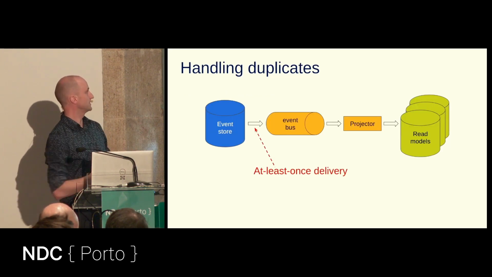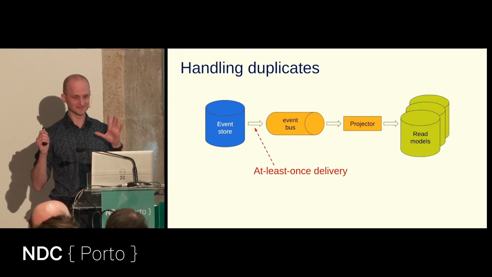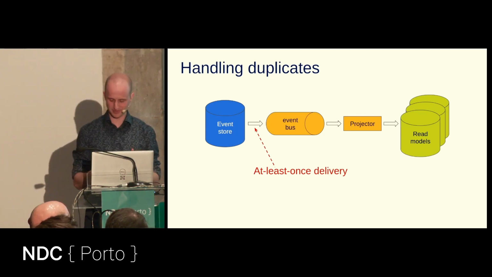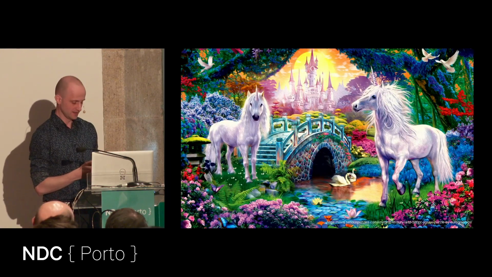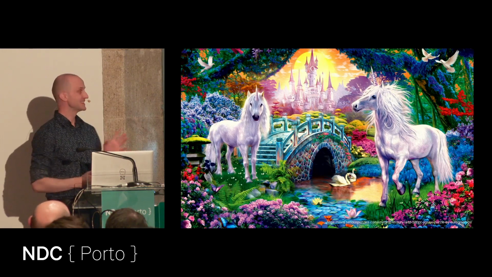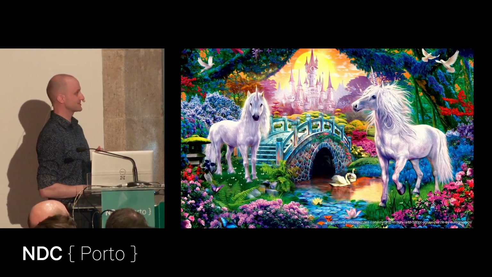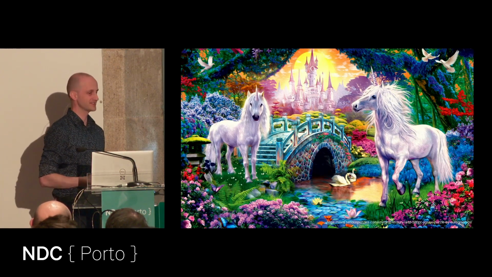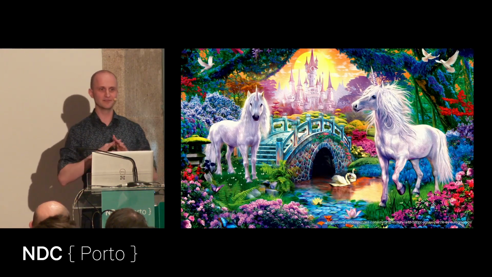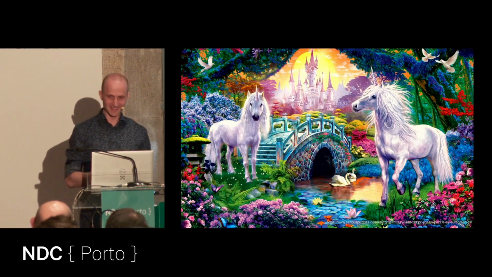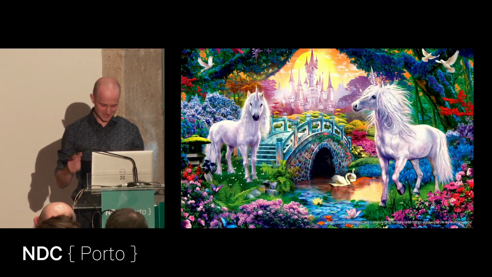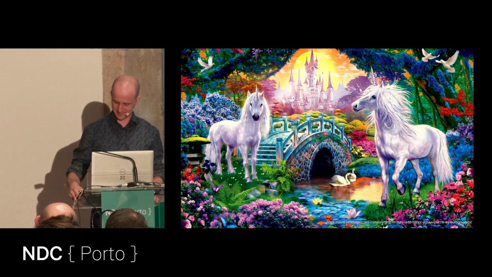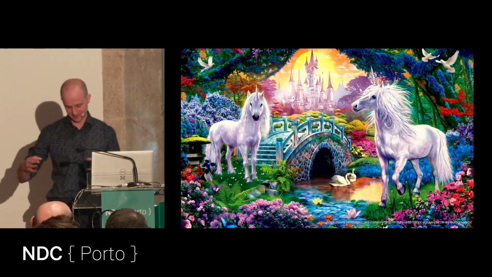This one is boring: handling duplicates. Oh my God, this is a nightmare in distributed systems. Let me tell you a story. This is a fairyland. The first unicorn is exactly once delivery, and the second one is a transaction between two aggregates. None of them exist. And, you know, I'm a happy father of twin sisters and a boy. But let's focus on the twins.